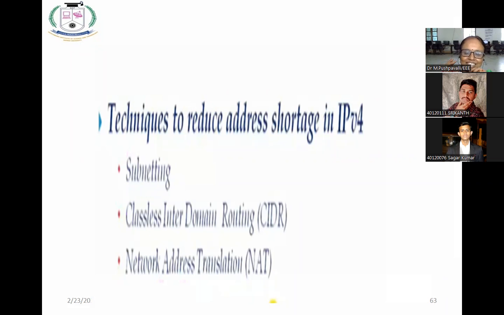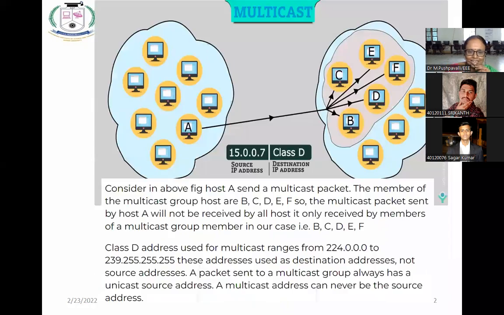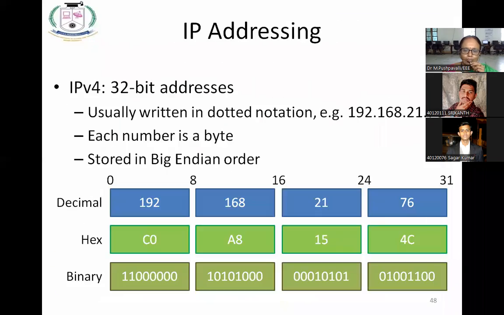One is CIDR, classless inter-domain routing, and another one is network address translation, NAT. Through that, I can save addresses and give them to more users. So address shortage is handled by these. One thing we have seen is subnetting, and the other two techniques are also for that. So this is all about your IPv4.